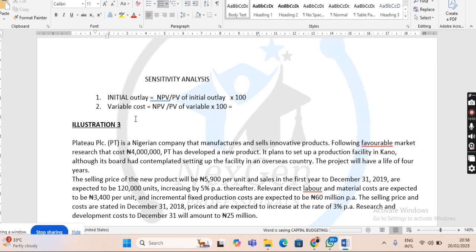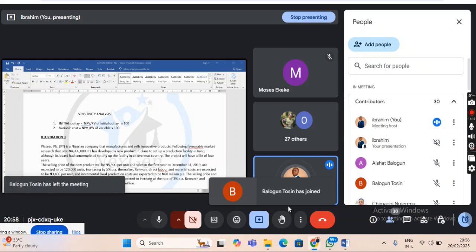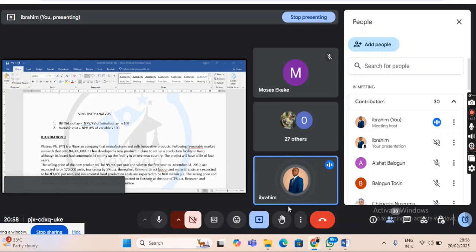Now, it is still the same interpretation because this is a cost. Class, this is a cost. If your NPV is 20,000 divided by the present value and you now arrive at 30%, what is the interpretation? It indicates that variable cost should not increase more than 30%.